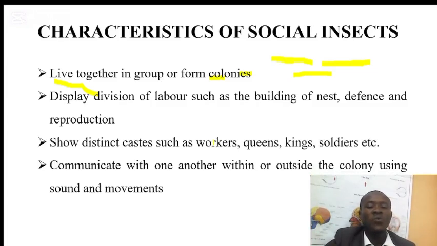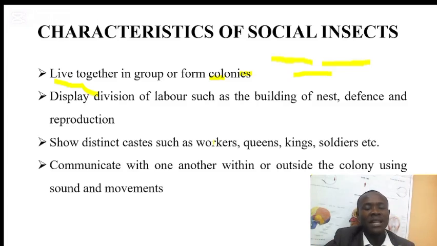And they communicate with one another, inside or outside the colony, using sound. Some of the sound that they produce will inform others that there is danger around. Some of the sound will indicate that it is time for reproduction, and even their movement.